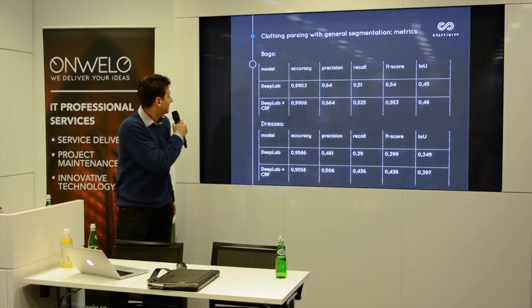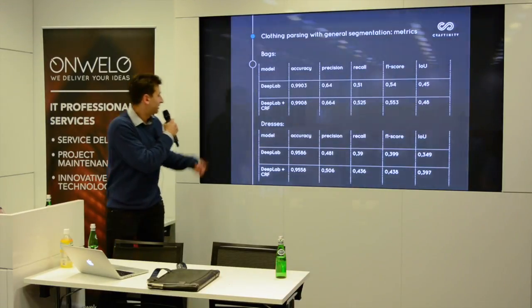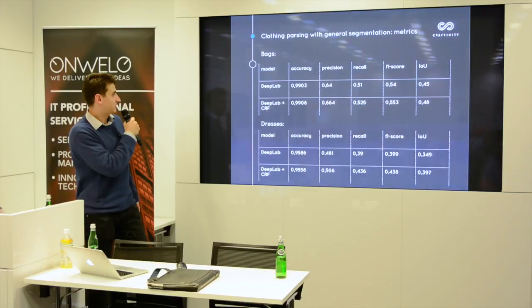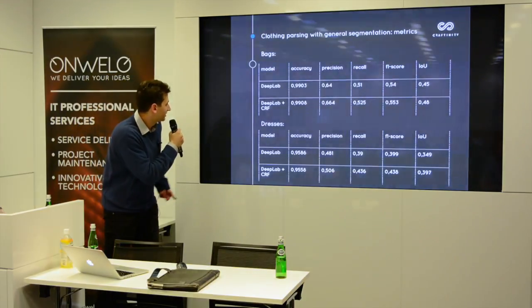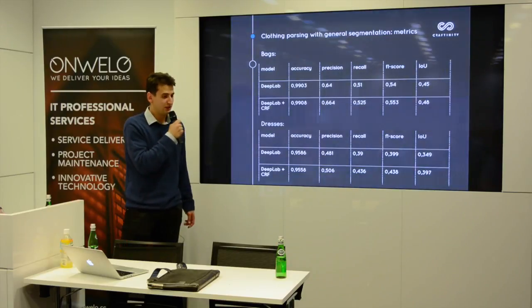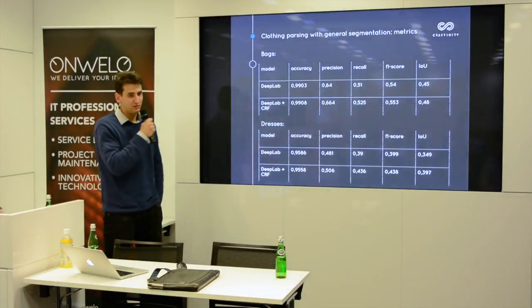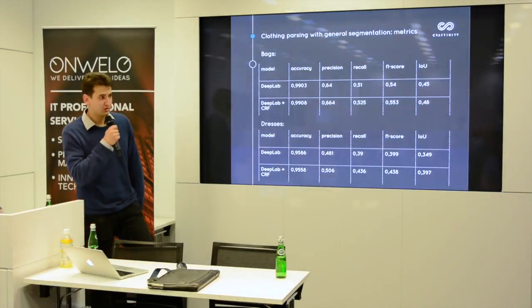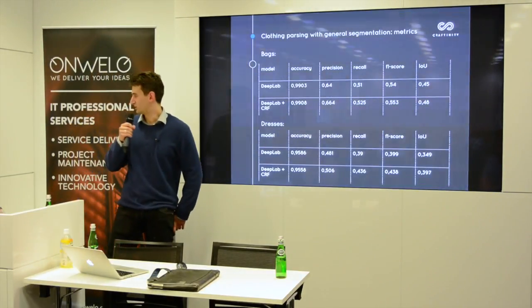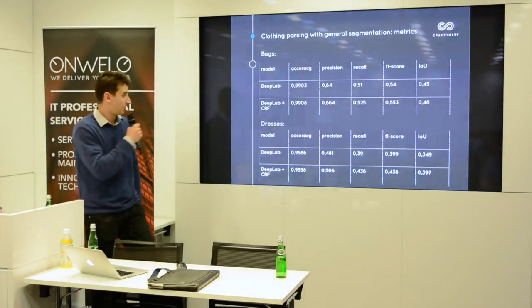And when comparing the Deeplab model with and without CRF, we can see that Deeplab with CRF post-processing has slightly better metrics. I think that in case of segmentation, the intersection over union is the most representative metric, so it's worth taking a look at it.